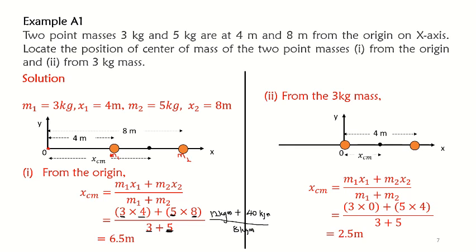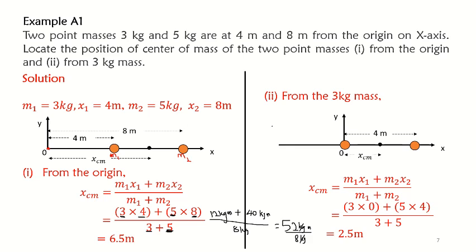No, this one has no meter. There's no meter there. It's just 8 kg. So that means we have 52 kilogram meter over 8 kilogram. If you do that, then you will have 6.5 meters from the origin.